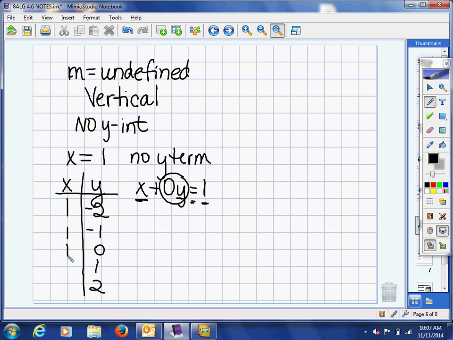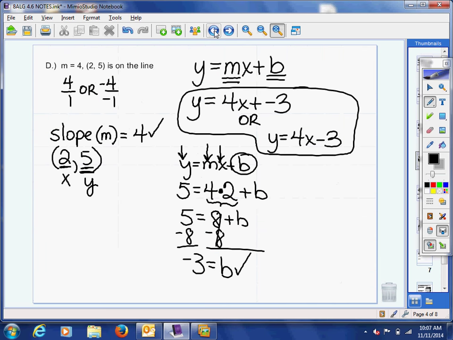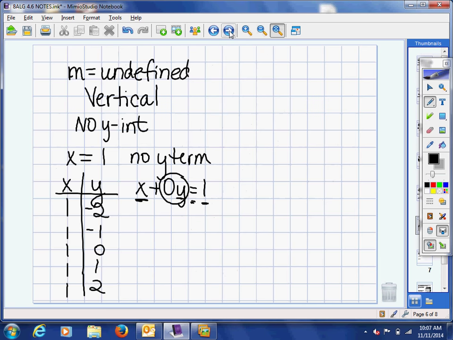I'm just going to get 1s no matter what I plug in for y. Remember, on the page prior, no matter what I plugged in for the x, y always was -5. In this example, what I'm trying to tell you is no matter what y is, x will always be 1.